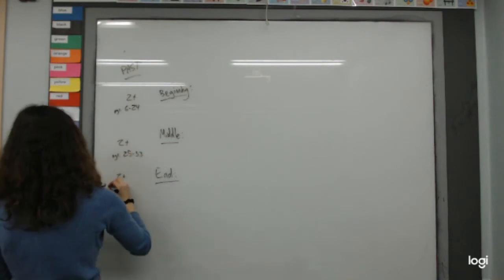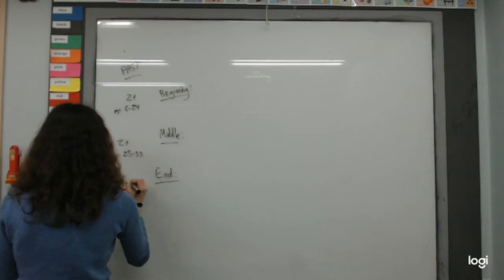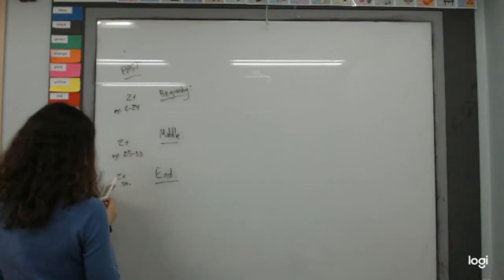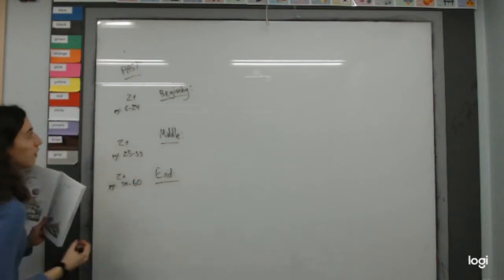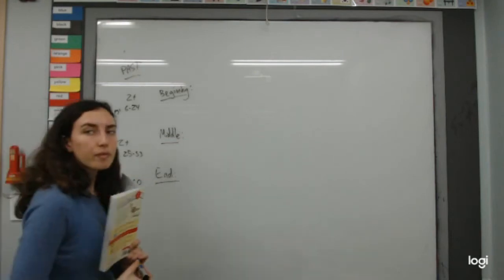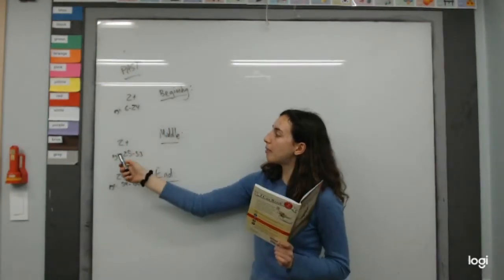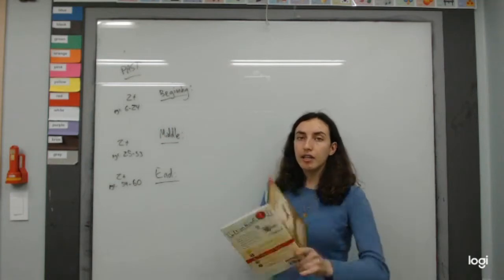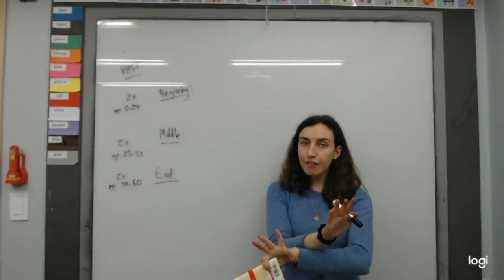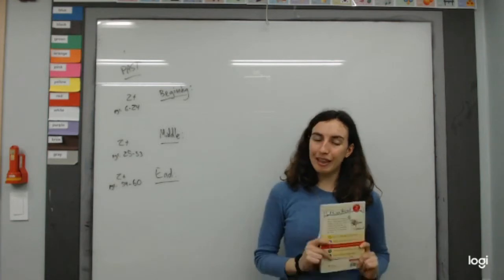And end, we can use pages 54 to the last page, which is 60. Okay, so this is what we want to talk about. 2 or more sentences about these pages in past tense, beginning, middle, and end. So stop the video to write this, and then I will see you on the next page.